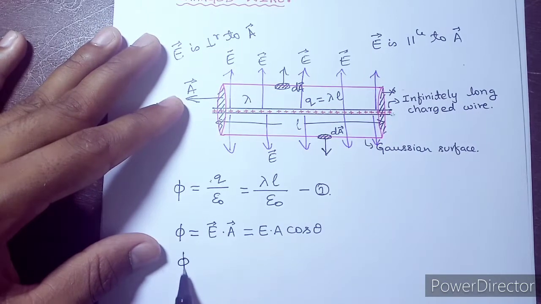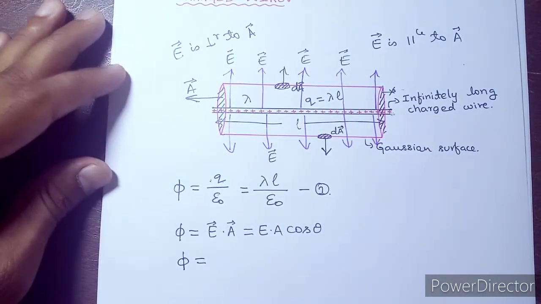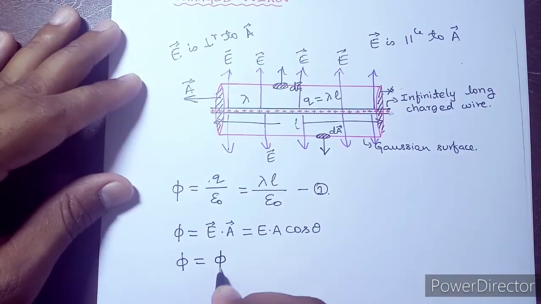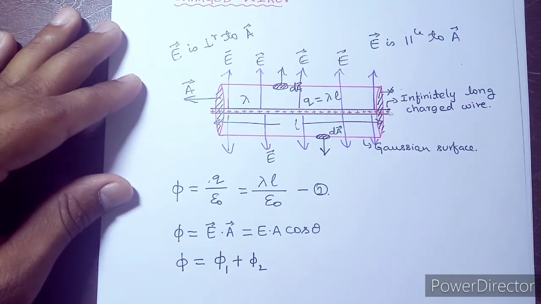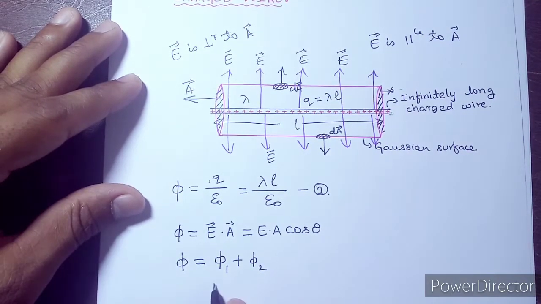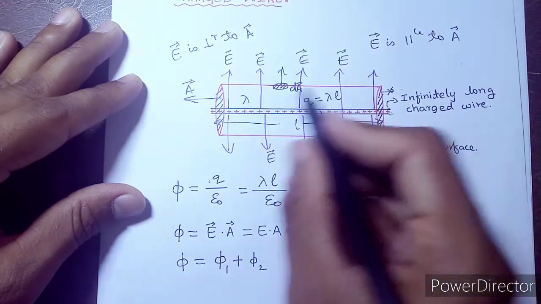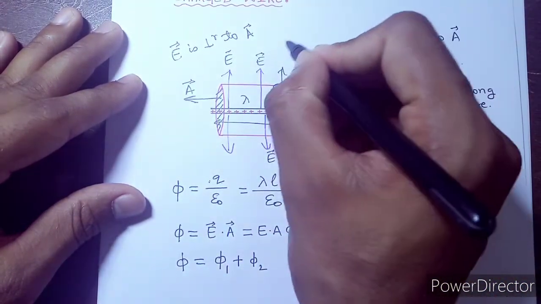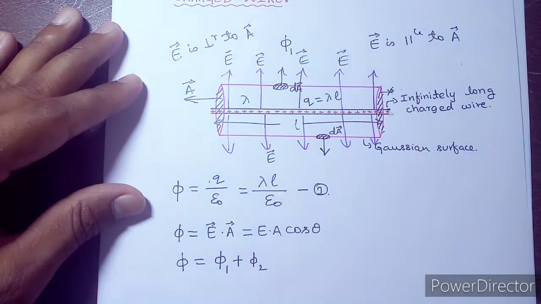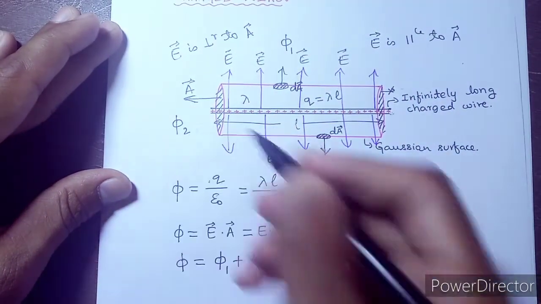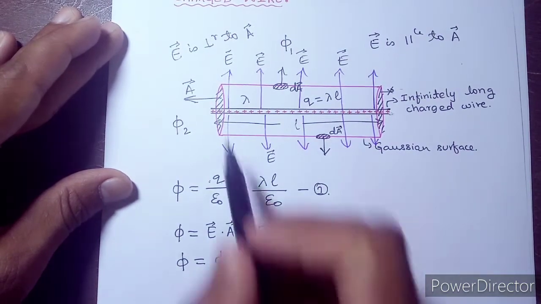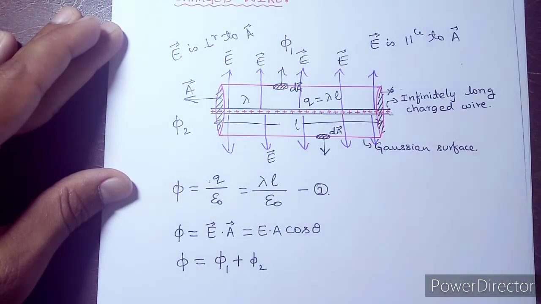So this total electric flux through this Gaussian surface can be divided into two parts, that is phi 1 plus phi 2. Okay. So phi 1 is the flux through this curved surface, and phi 2 is the total flux through these end surfaces of this Gaussian cylindrical surface.